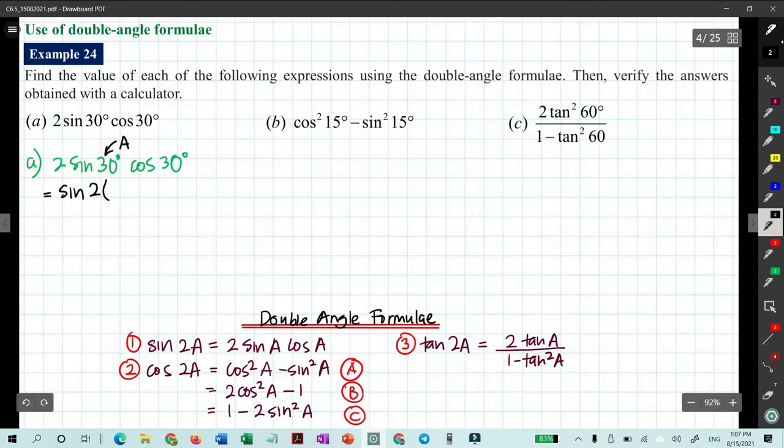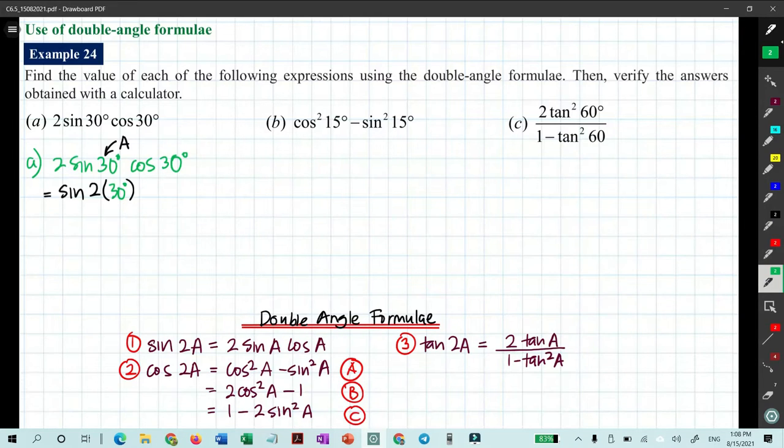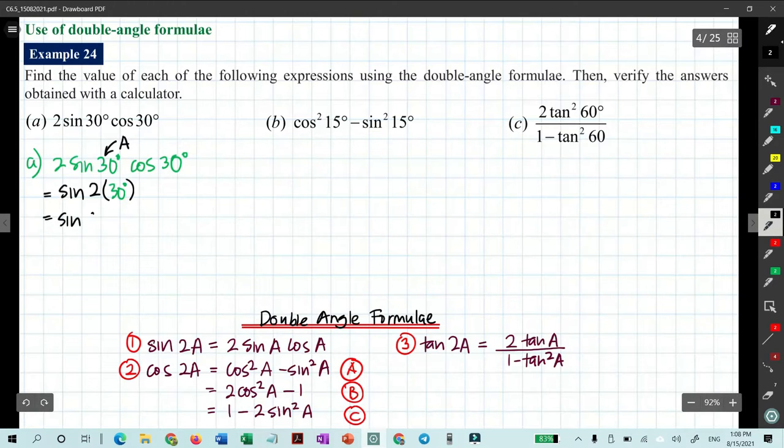A is actually 30 degrees. When we simplify this, we will get sine 60. 60 degrees is a special angle, and sine 60 is equal to square root of 3 over 2.